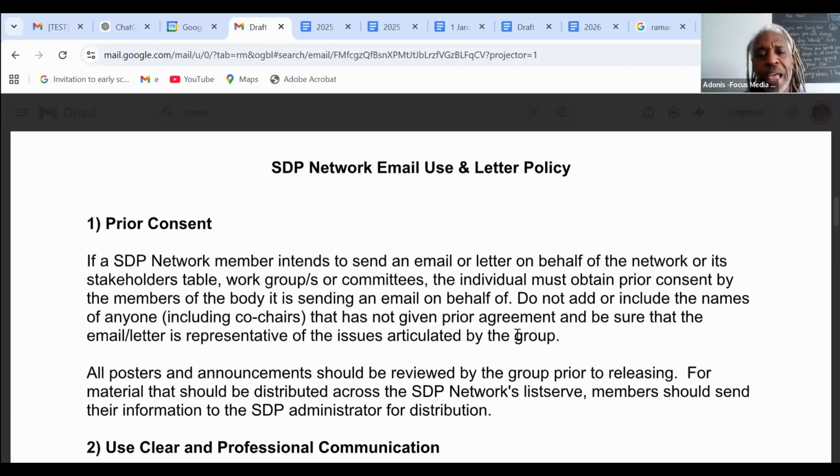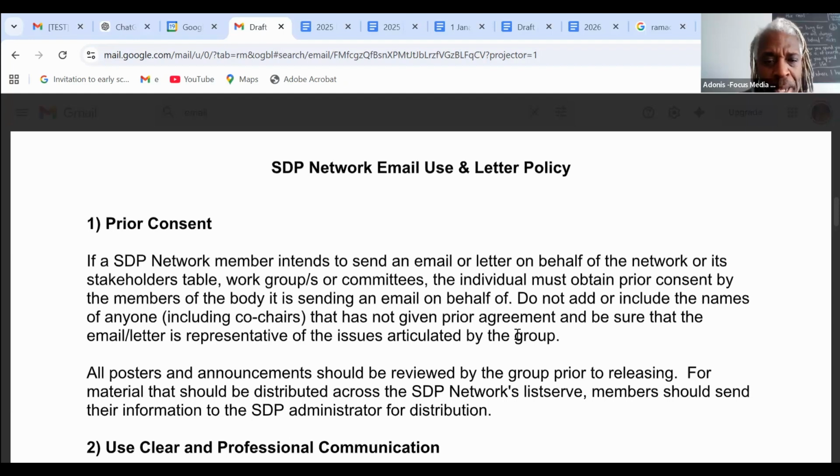Essentially, if you're sending a letter on behalf of the communications committee, you should ensure that that letter is approved by the communications working group. Do not include the names of anyone, including co-chairs, that has not given prior agreement, and be sure that the email letter is representative of the issues articulated by the group. So that means essentially don't put names of co-chairs if they aren't there on your letter.